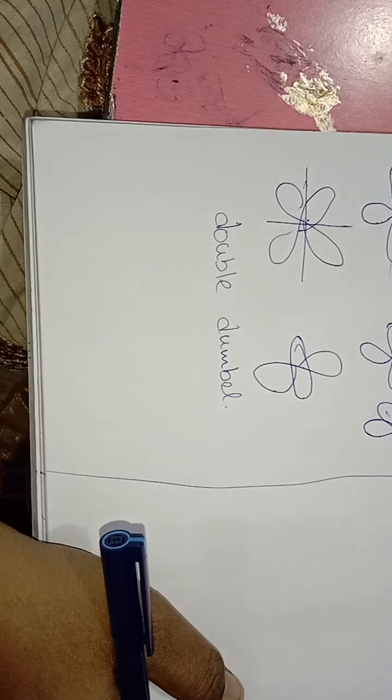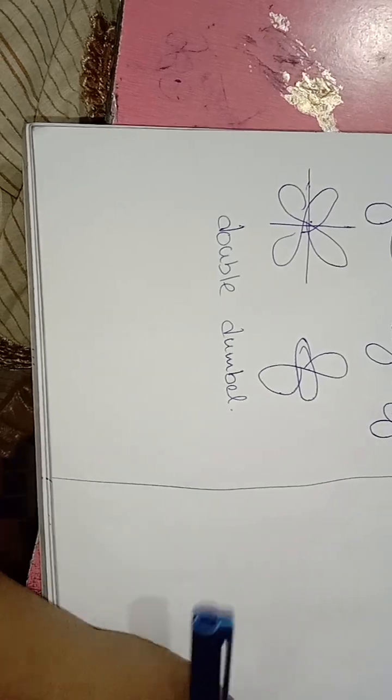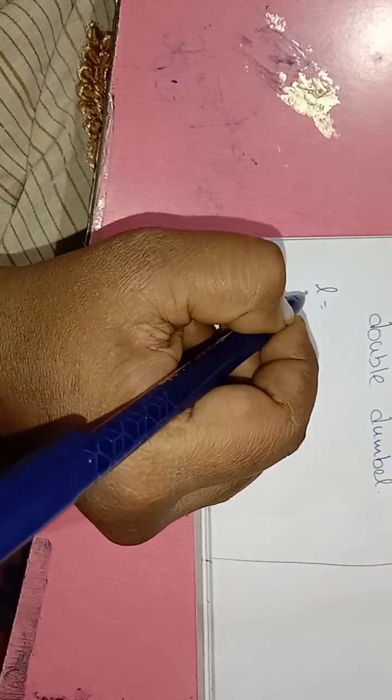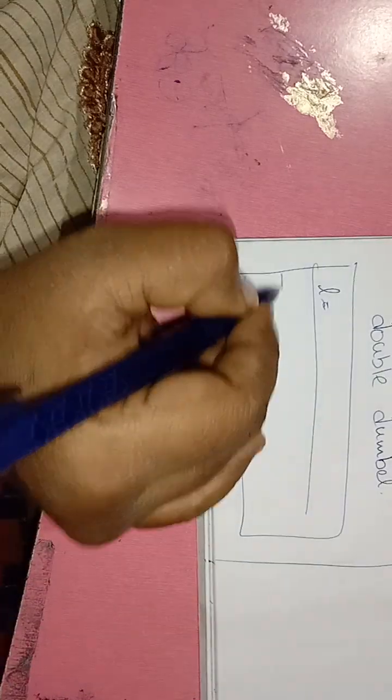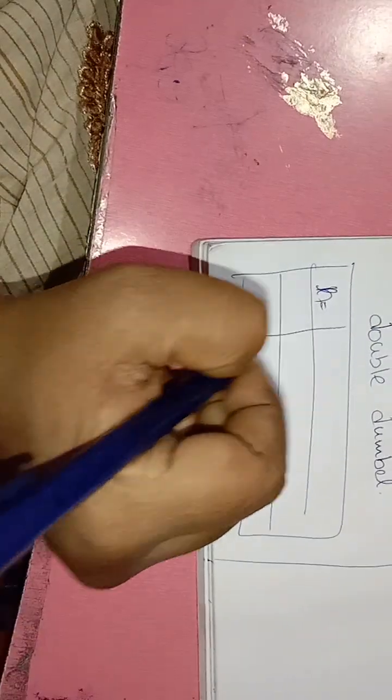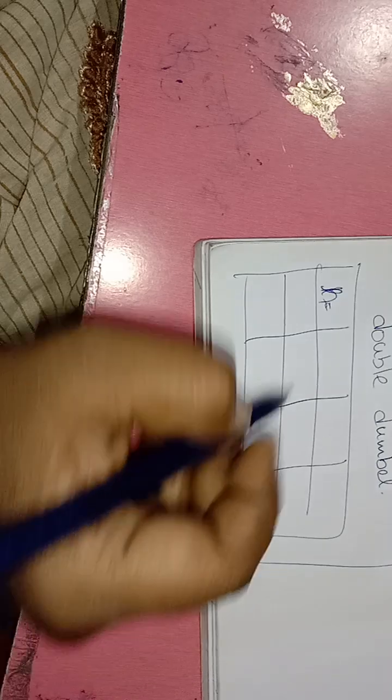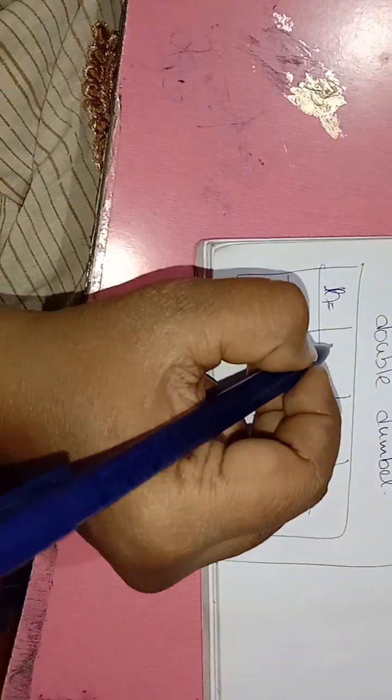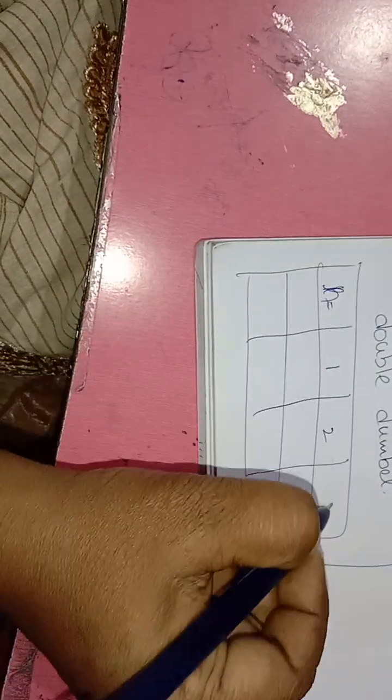Next, from this what we can say is, observe, we will write a box like this. Principal quantum number, I am taking 1, 2, 3, 4.